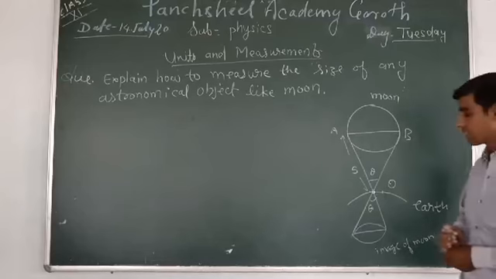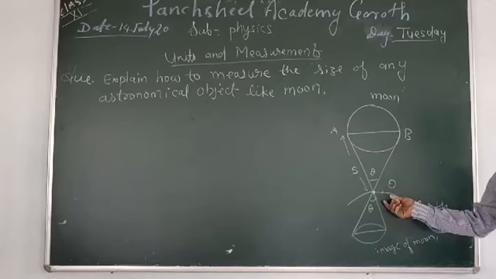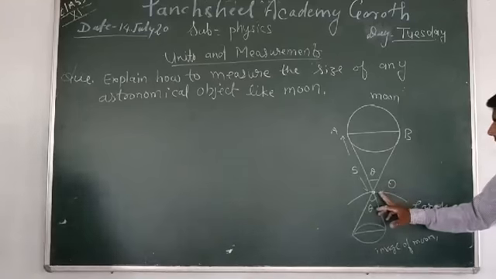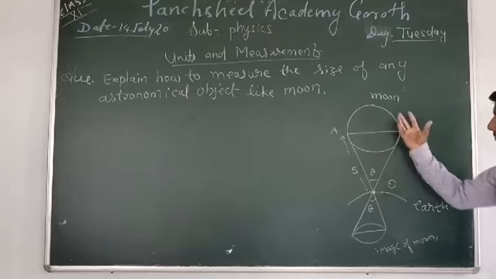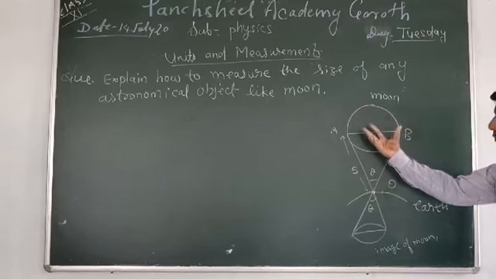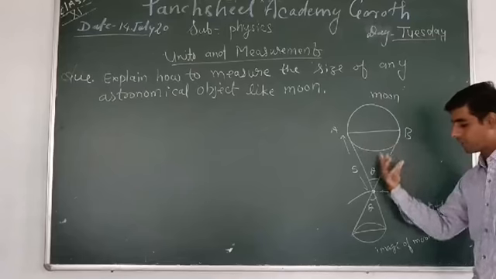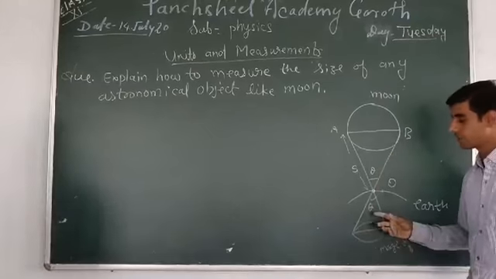So first, if I take an astronomical telescope and see the image of the moon, the image of the moon is just like a circular disc.